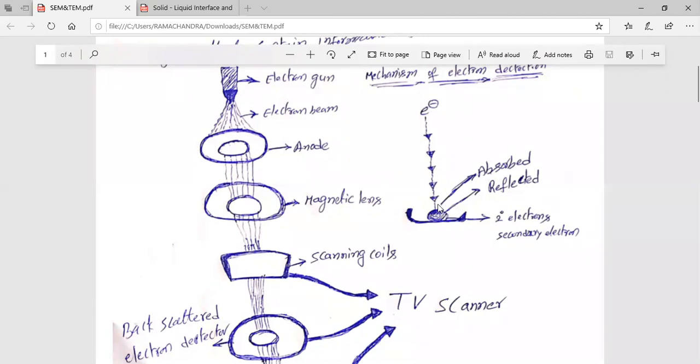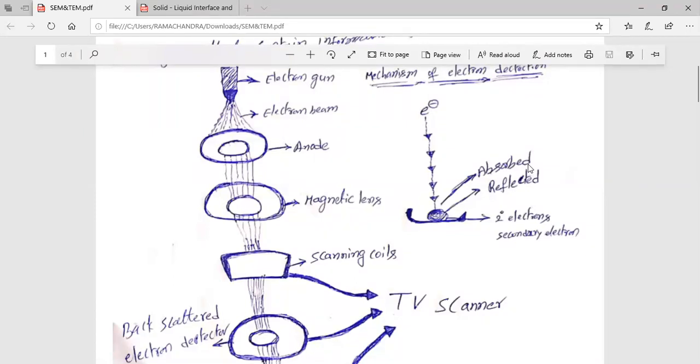In the first step, absorption takes place, or reflection takes place, or secondary electrons are formed when the electrons reach the specimen.